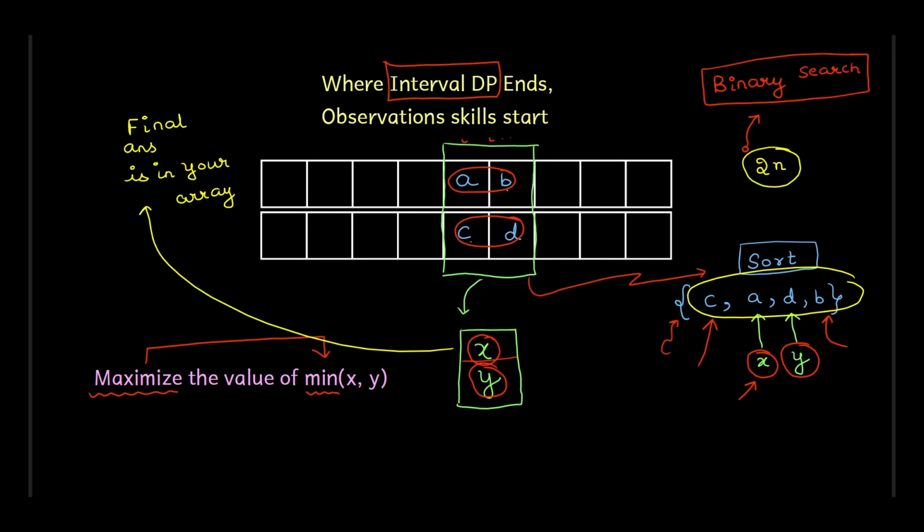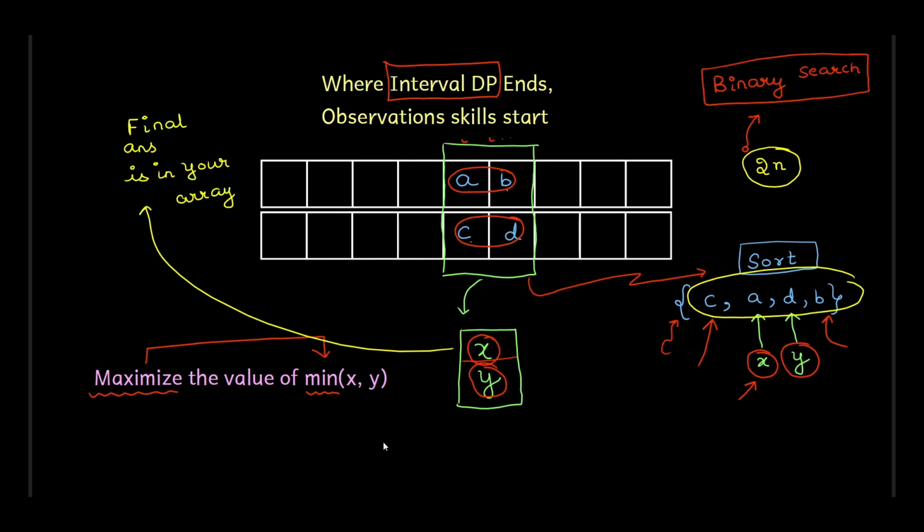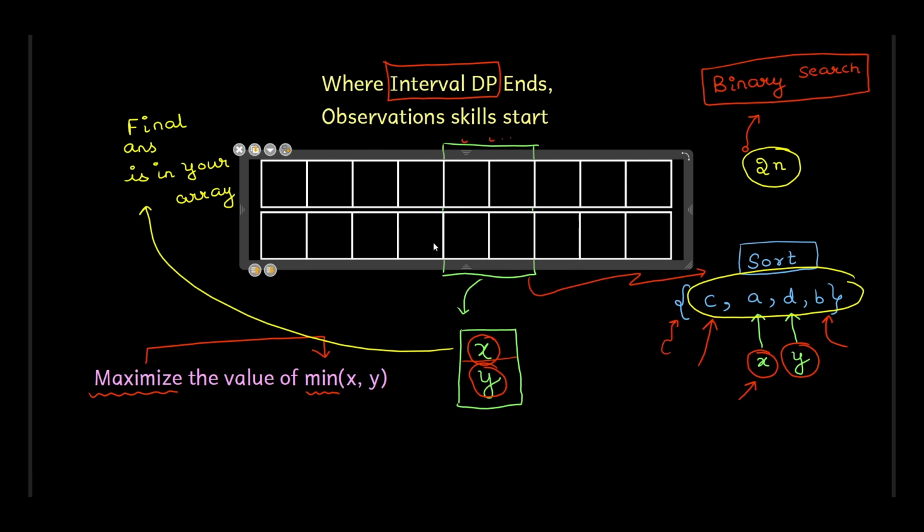Now let us see whether binary search would actually work on this or not. If we wanted to do binary search on the answer, let us see if this problem even admits a binary search on answer solution. Suppose you wanted to know: is the answer greater than or equal to X?